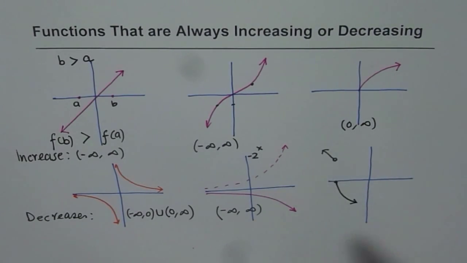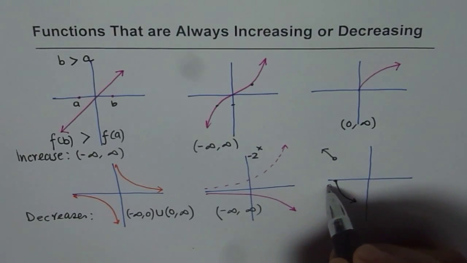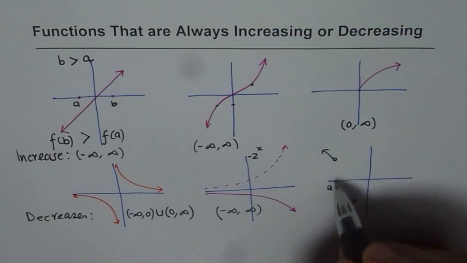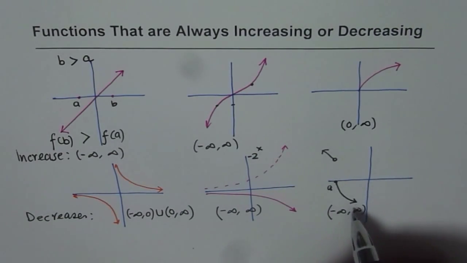So a function like this could be always decreasing. Well, at present I have taken both these values at a, and that gives me a domain from minus infinity to plus infinity, the domain in which this piecewise function is decreasing.